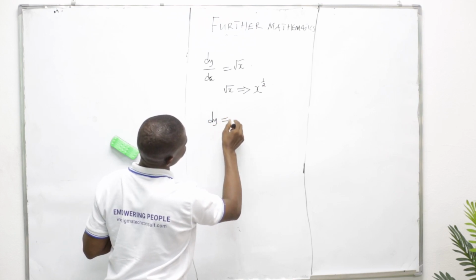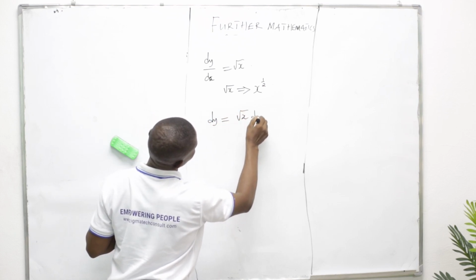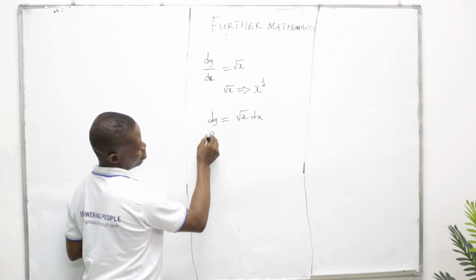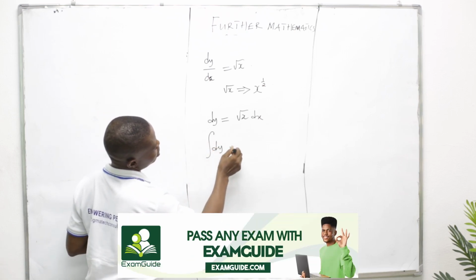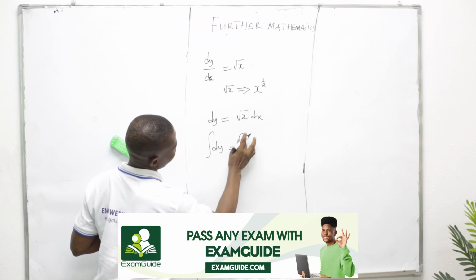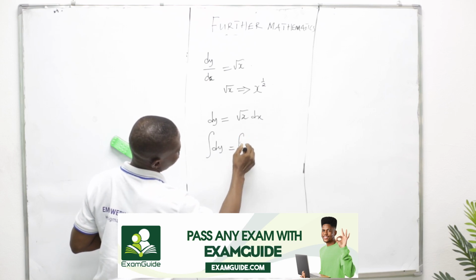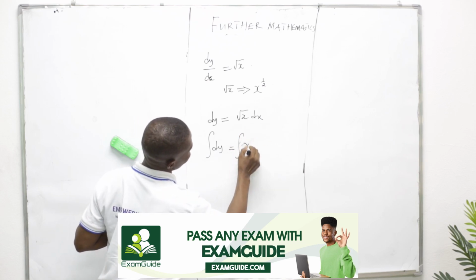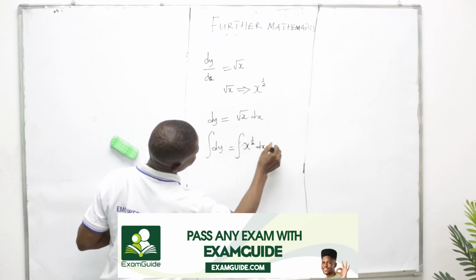From here, dy equals root x dx. So integrating both sides will give us this. Let me just write x power half dx.